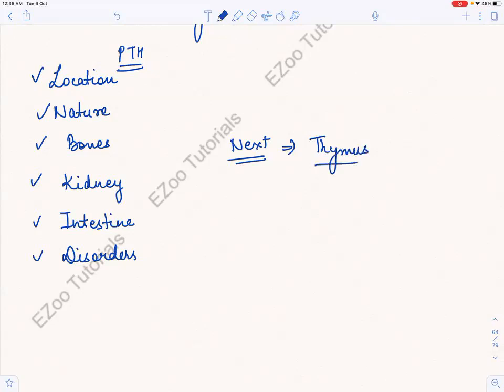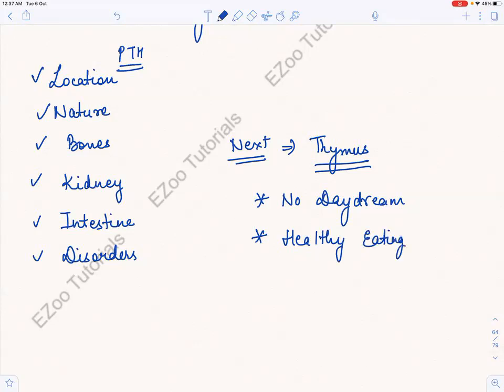So guys, I hope you are studying nicely. You're staying home. You're staying safe. You're not getting depressed. You're eating well. There are a few things which you should always keep in mind. I will make a video on that also. Guys, please, no daydreaming. You're still studying. You're not yet a doctor. You are a student. There should be no daydreaming. There should be healthy eating. Don't eat chips and burgers and all that, it will make you sleepy.